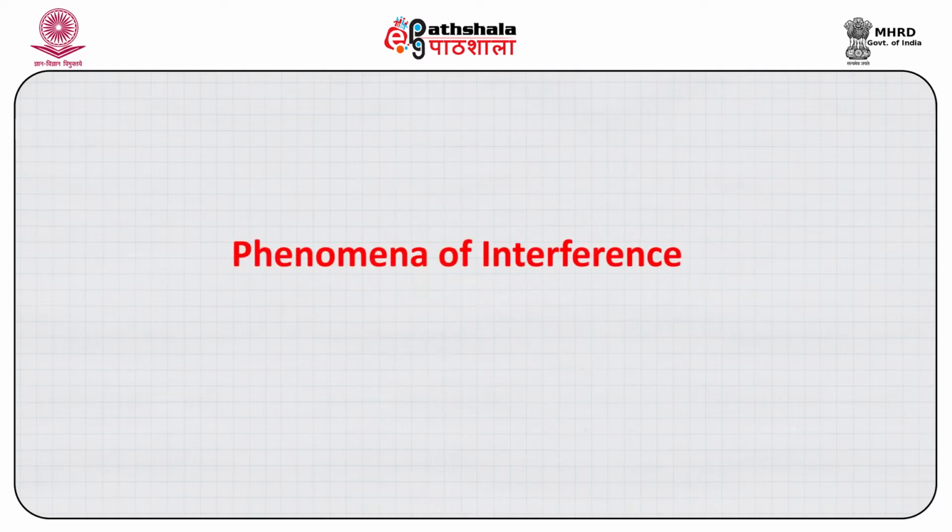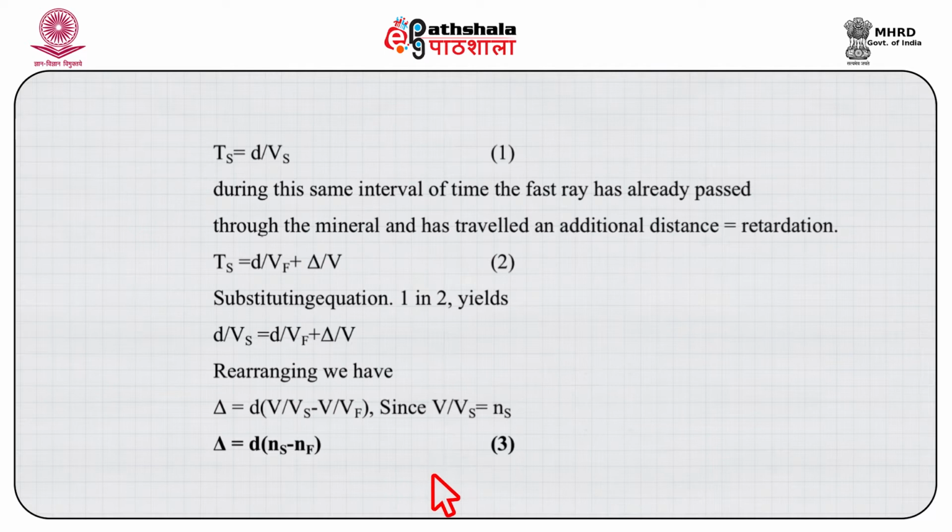As we have already discussed, interference colors are the colors which we observe when the polarizers are crossed and a mineral is placed in between and the light ray is allowed to pass through it, which splits into two rays. In the case of monochromatic illumination, plain polarized light upon entering an anisotropic mineral splits into two rays, fast ray and slow ray, which vibrate at right angles to each other.